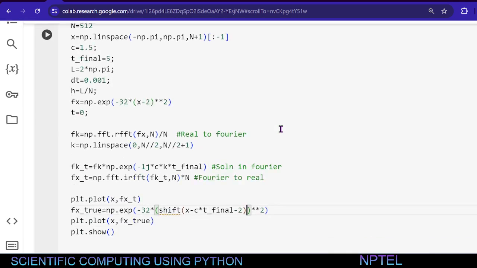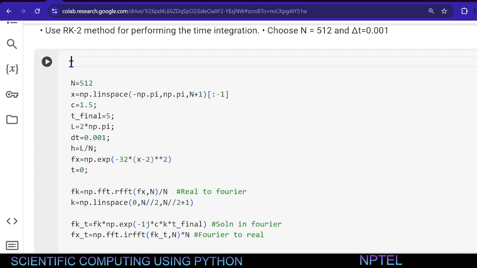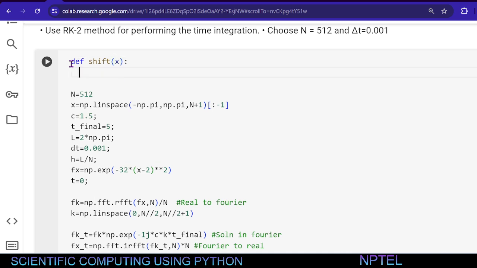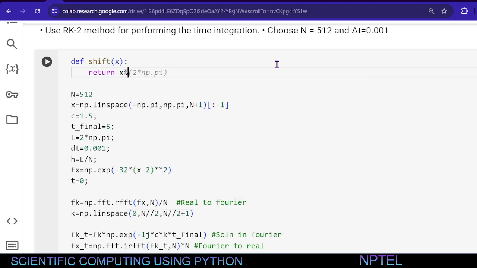And how should it be defined? Where should we define? Let's define shift of x. So the first try is x mod 2 pi.